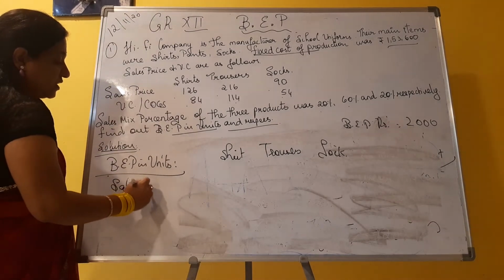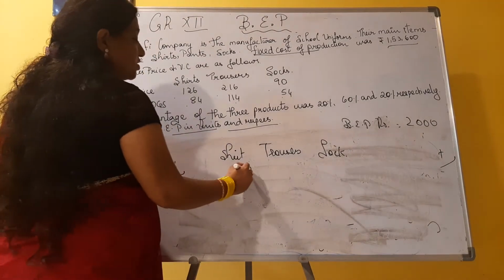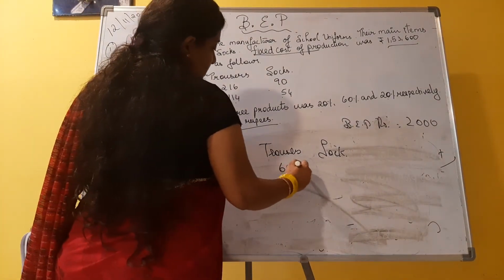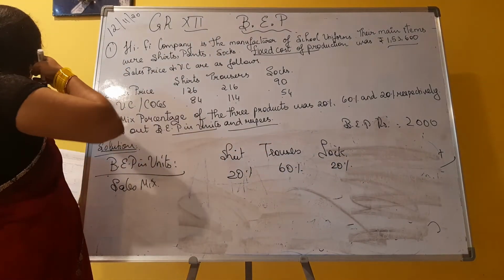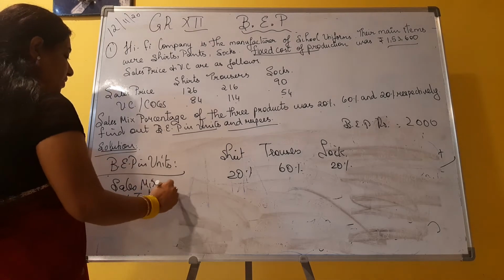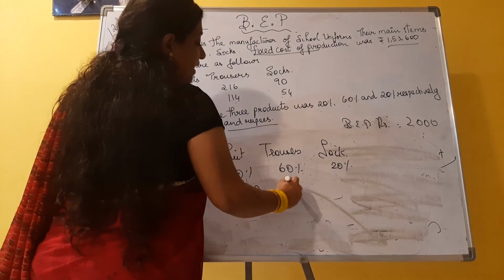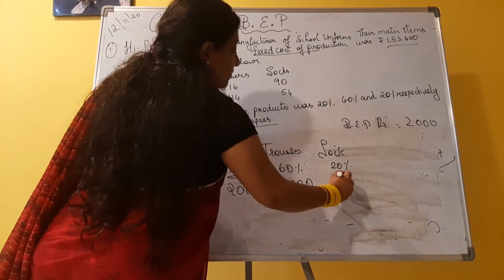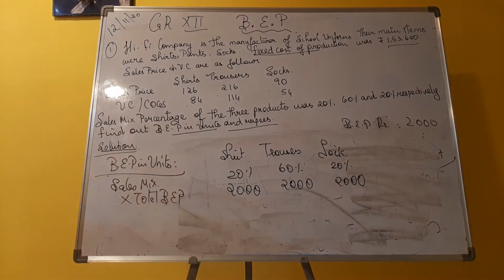What is the sales mix ratio percentage given? The percentage is 20%, 60% and 20%. What is the total BEP arrived at, the average of all three combined in rupees? That is 2000. So you have to multiply that 2000.